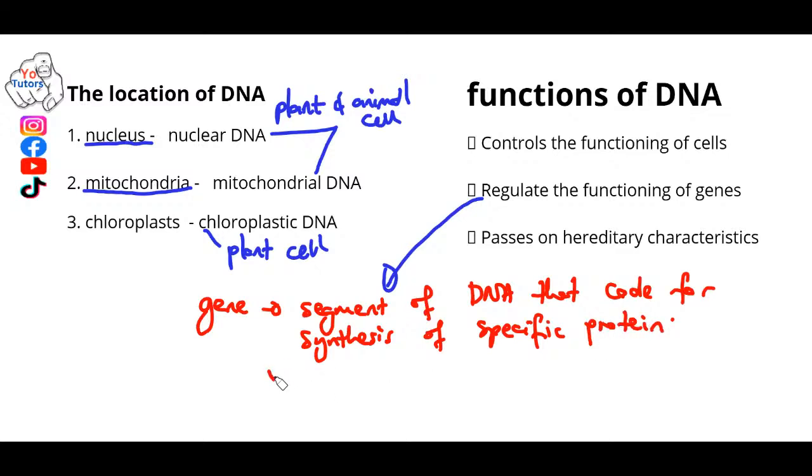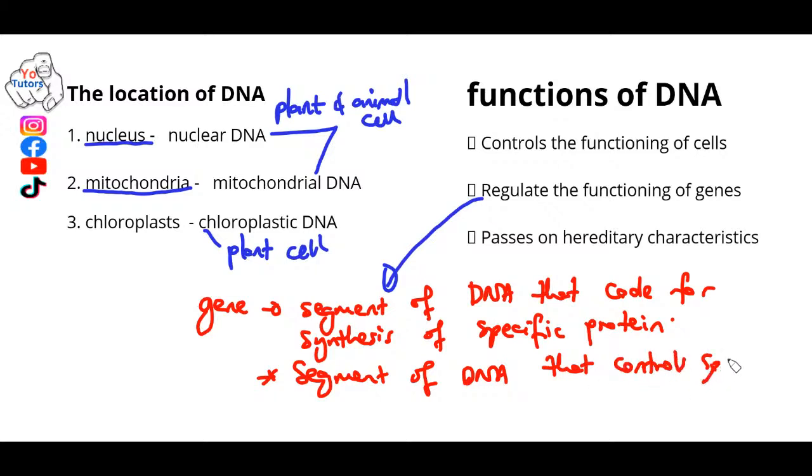But when you move on to genetics, we'll refer to this as a segment of DNA that controls specific characteristics or traits. So that's what a gene is, and you must always remember that. When we talk of controlling specific characteristics like height, we are talking about types of genes that you can find in a cell.